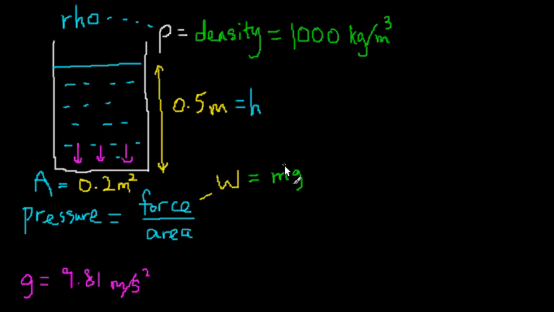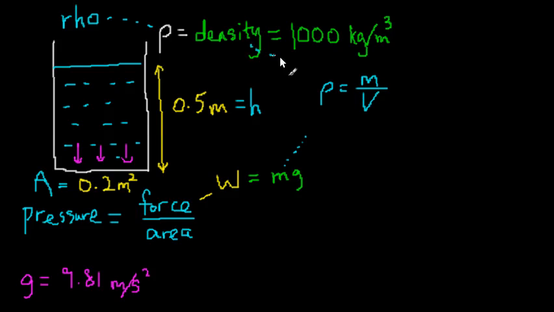Now mass is related to density, but how is it related to density? The density rho is related to mass by mass over volume. Mass over volume is the density.